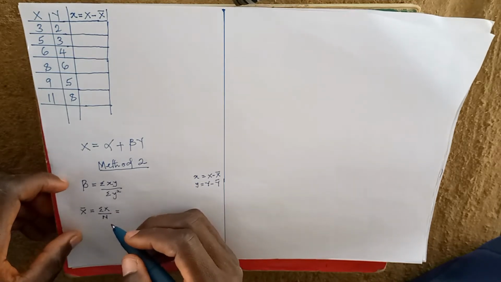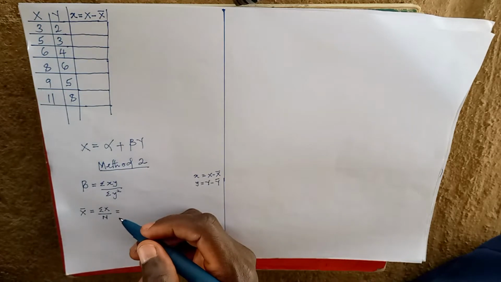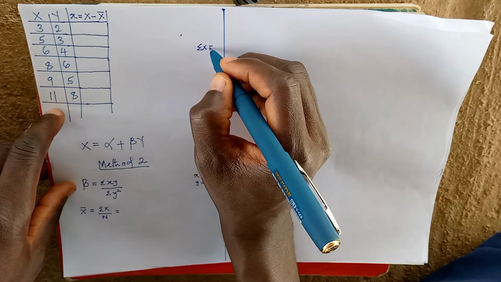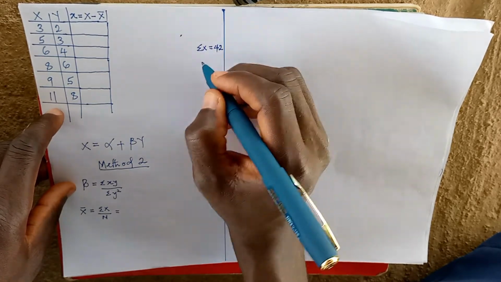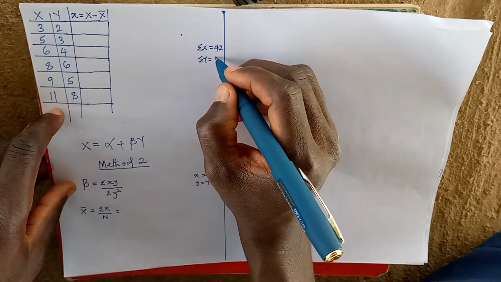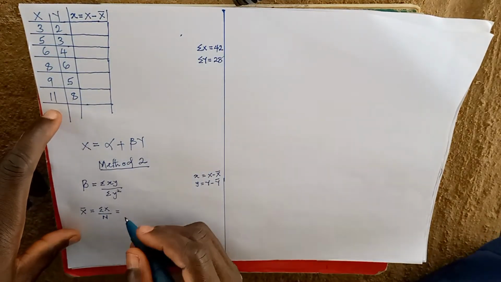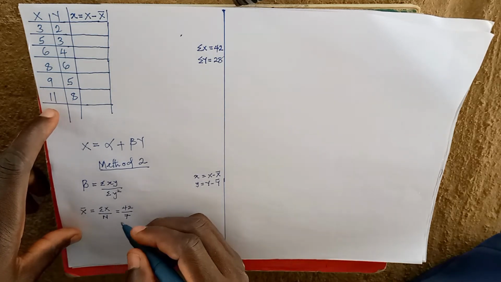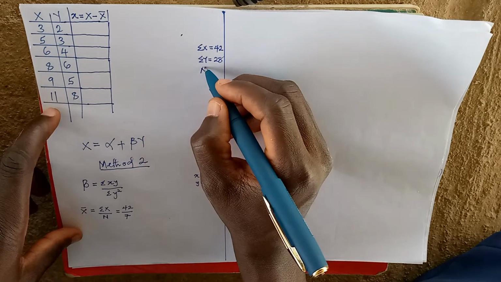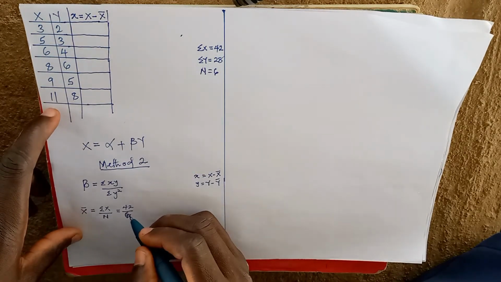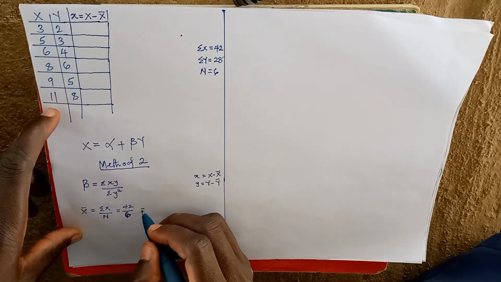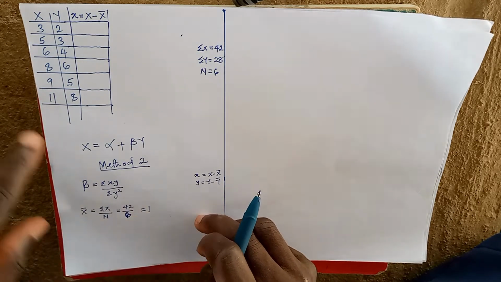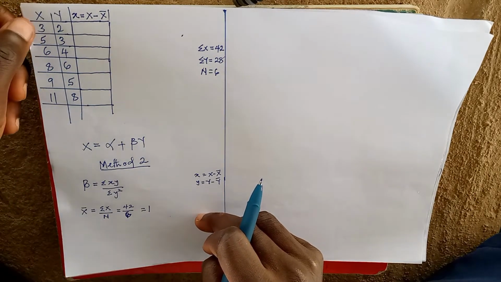Here we have summation x equals 42 and summation y equals 28. Our n equals 6, so 42 divided by 6 gives our x bar. Now we are going to subtract each value of this column x from the mean of x.